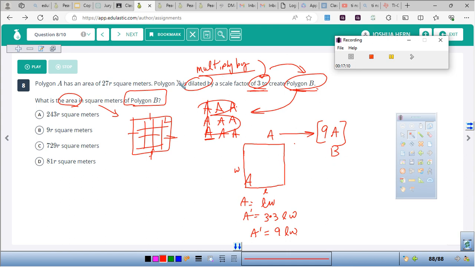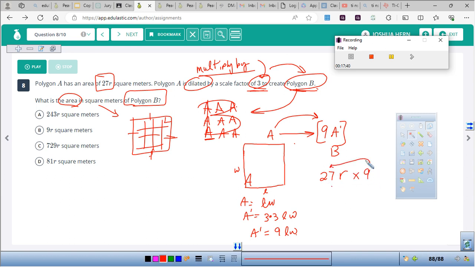So let's come out here. We're going to get A, and we're going to multiply it by 9 to give me the new A prime, or B. So we're going to go with 27 R times 9. How do we do this one? Basic multiplication, the old school way, times 9.